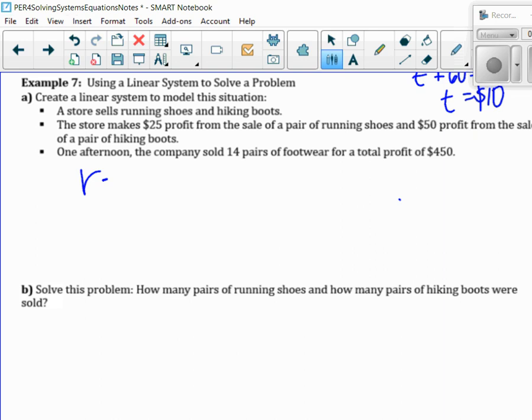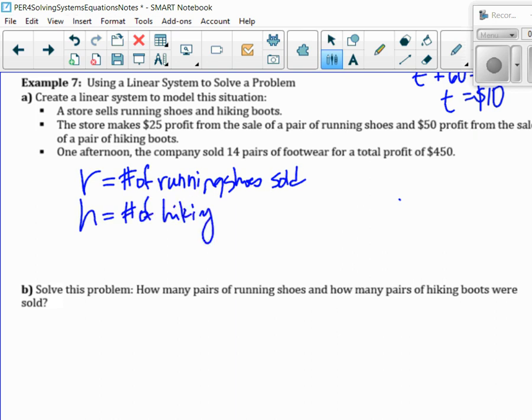So R equals the number of running shoes sold. And then H is the number of hiking boots sold. Okay, so from the first bit of information, it says the store makes $25 profit and $50 profit for.